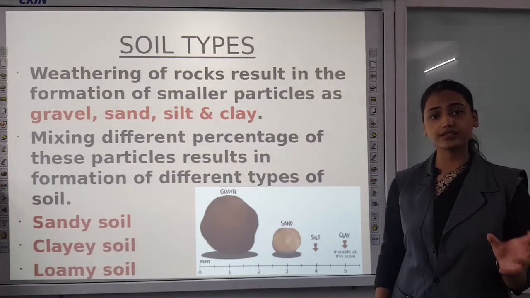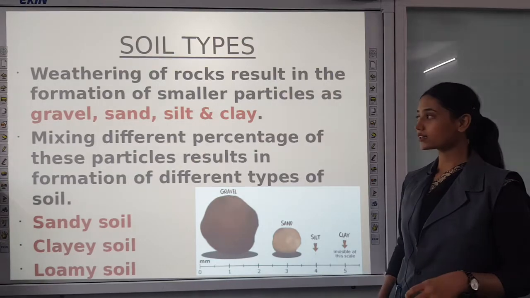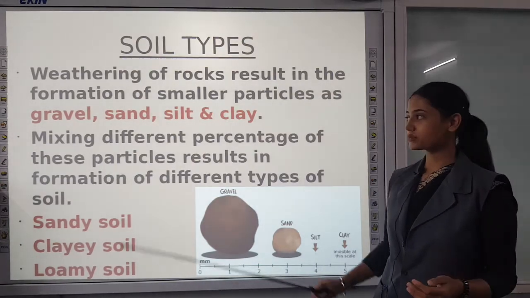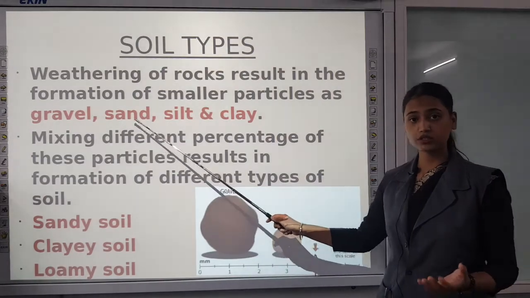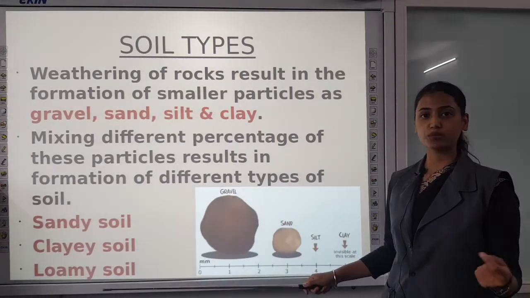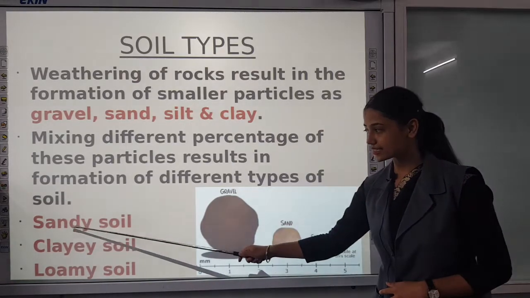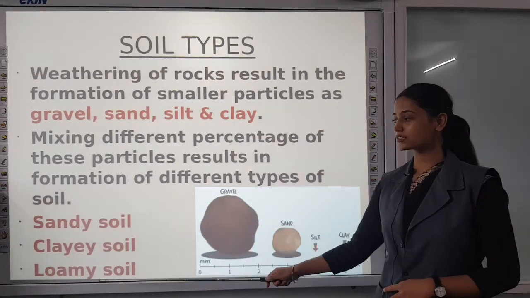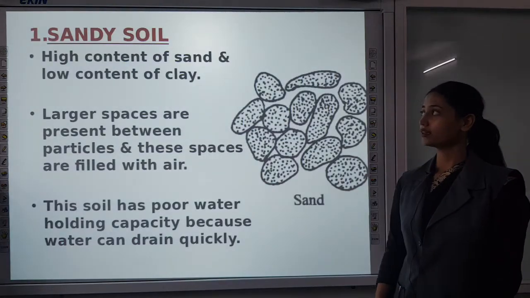The ratio can vary, means sometimes the amount of gravel is more than the amount of sand, so it defines the type of soil. So there are 3 types of soil: sandy soil, clayey soil and loamy soil. We will discuss each one by one.